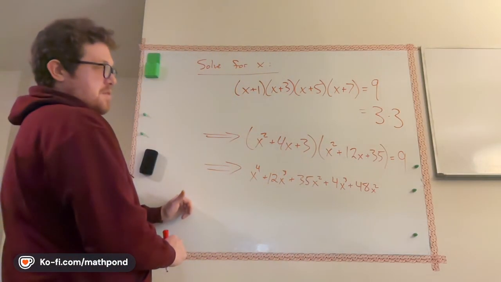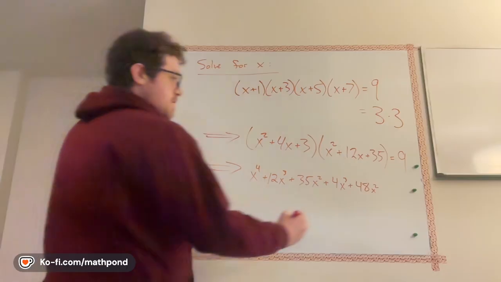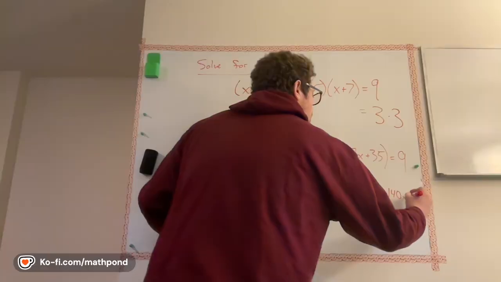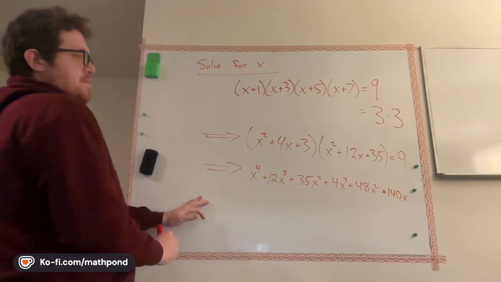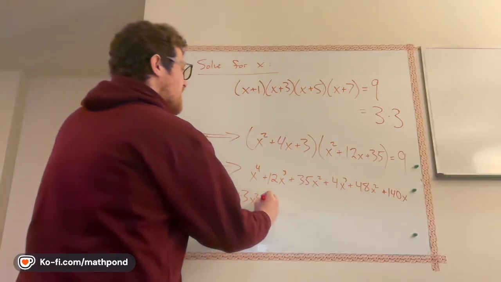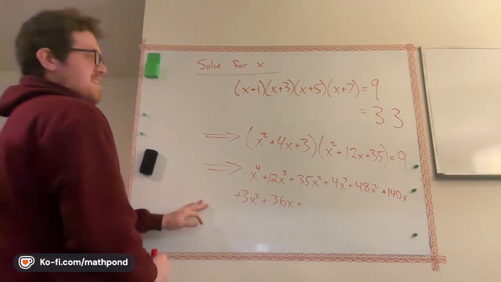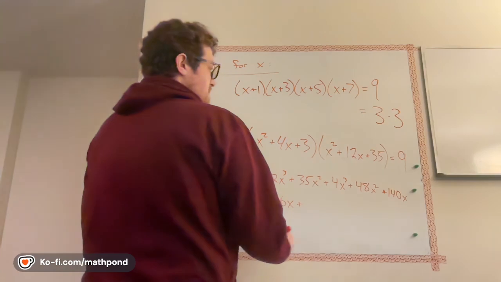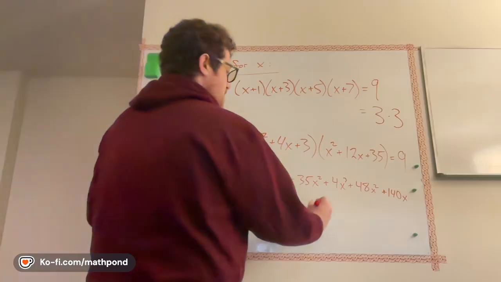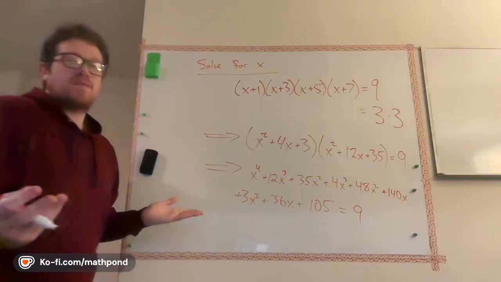Whatever 4 times 35 is, what is that, 140? 140x. Plus 3x squared plus 36x plus 3 times 5, what is that, 105? Okay, where does that get us?